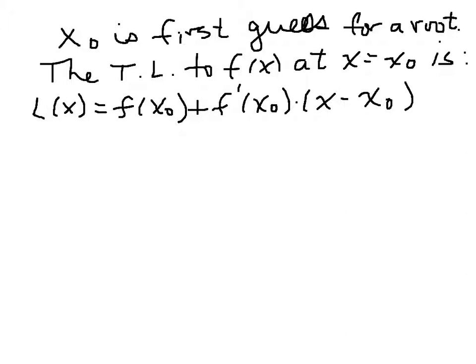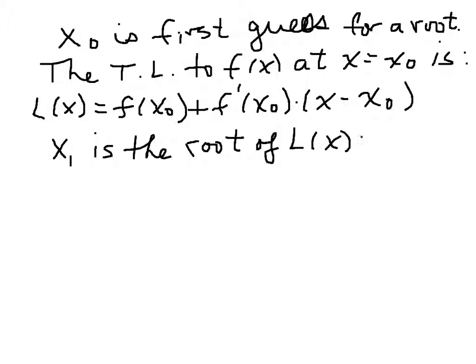Now the deal here is x sub 1, the next guess, is the root of L of x. And to get the root, what do we do? We set y equal to 0. In this case, instead of y, we're talking about L of x. We set it equal to 0 and solve for x. And you're all smart kids, so you can do this in your head.